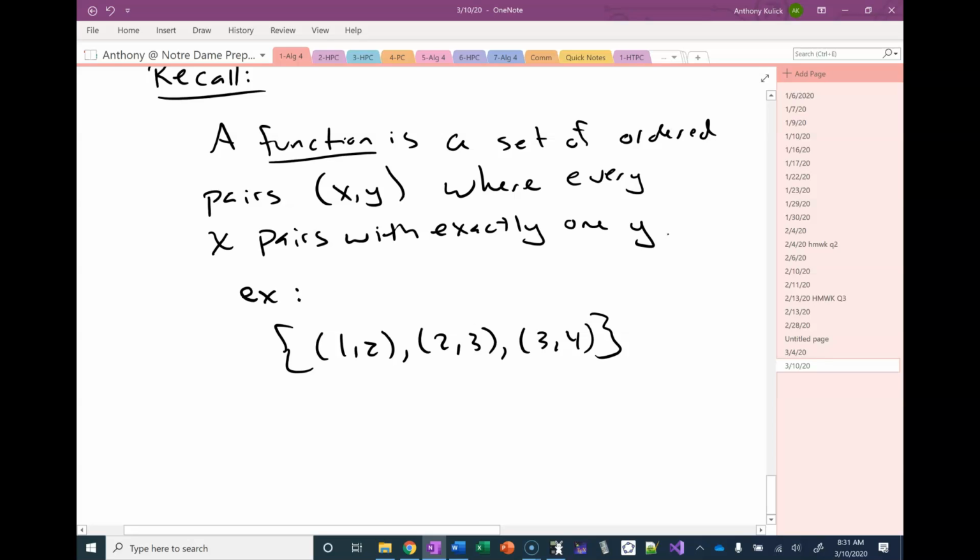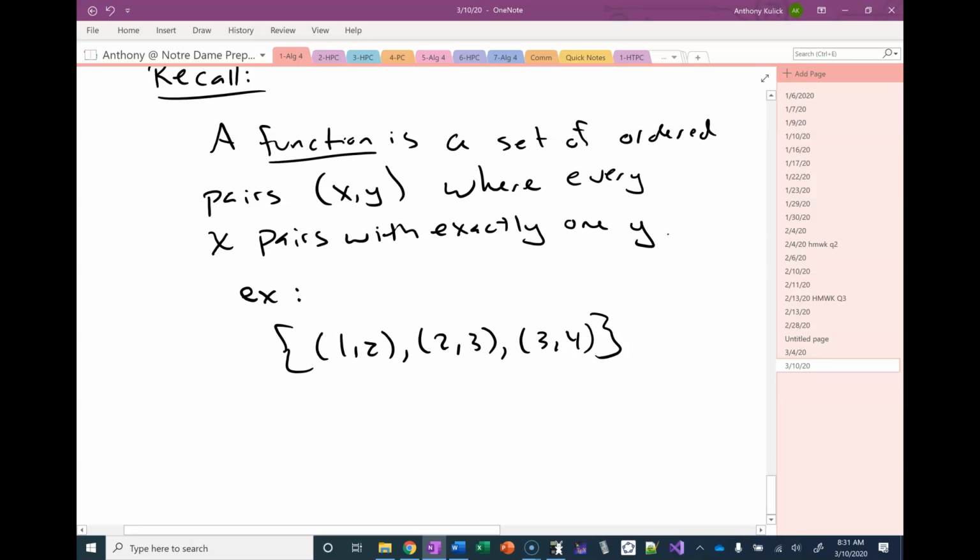We also talked about around the same time about inverse functions. Does anybody remember how to find the inverse of, say, this set (1, 2), (2, 3), (3, 4)? Okay, so let's think about it a little bit. When we just say the word inverse in an English language sense, what does that mean?